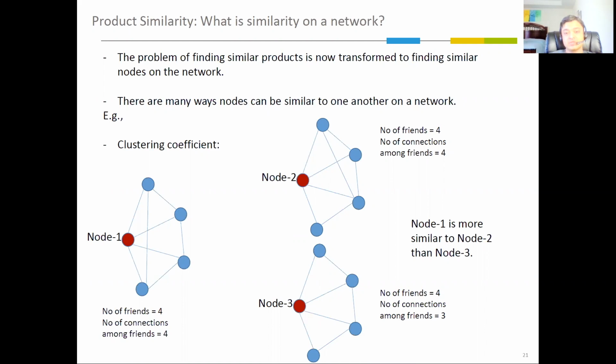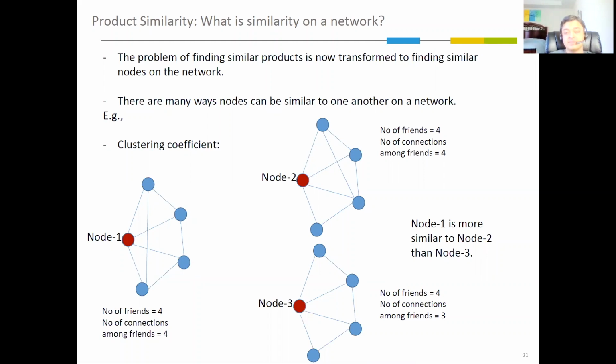At most, there can be 10 choose 2 friendship links among your 10 friends. However, sometimes some of your friends are not friends of each other. They don't know each other, except that they both know you.